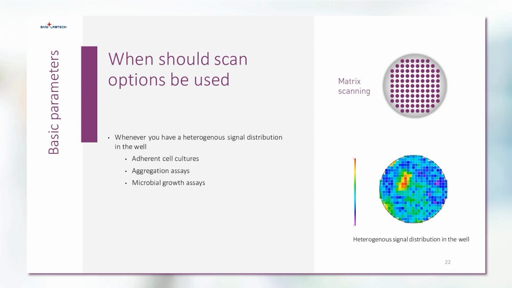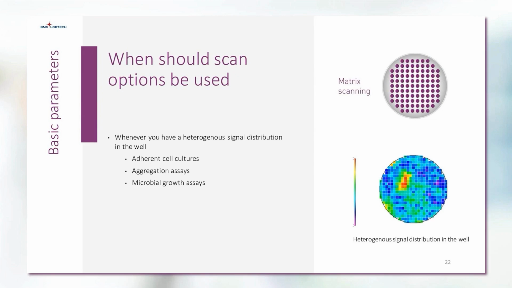When looking at the signal distribution here on this slide on the lower right, where adherent fluorescent cells are shown with very high signals indicated in red and very low signals indicated in purple, it is absolutely clear that measurements limited to the center of this well will not be sufficient to represent all cells or the different signal intensities of this well.